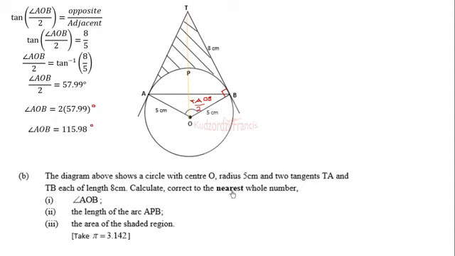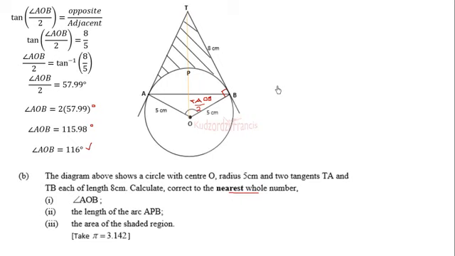But the question demands that we leave the answer to the nearest whole number. So we round this to the nearest whole number, add 1 to 5, because 9 is more than or equal to 5. And that will give us 116 degrees. So therefore angle AOB is 116 degrees.